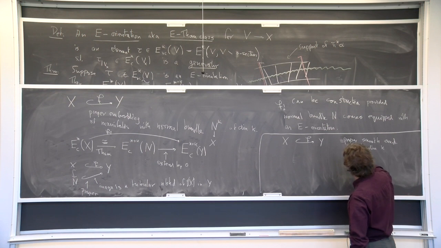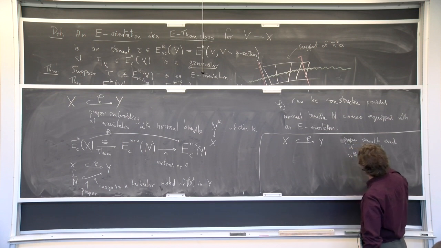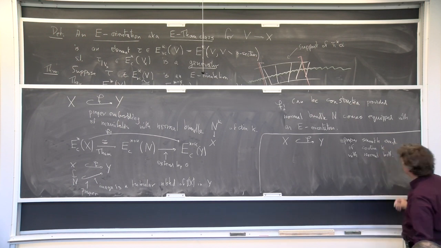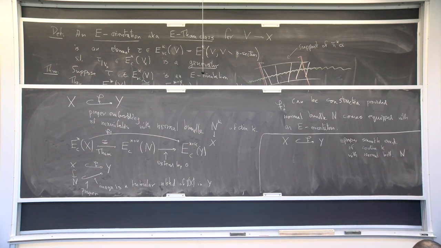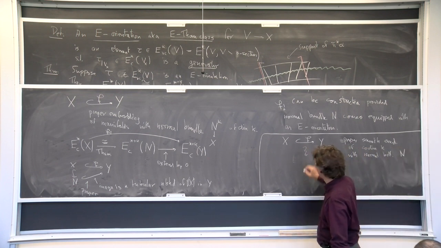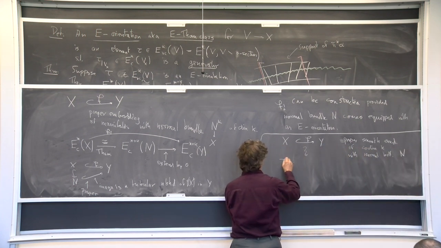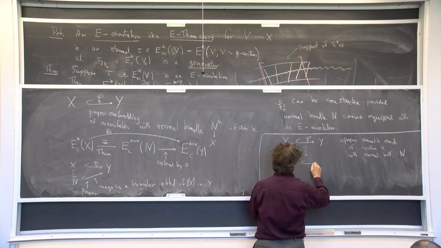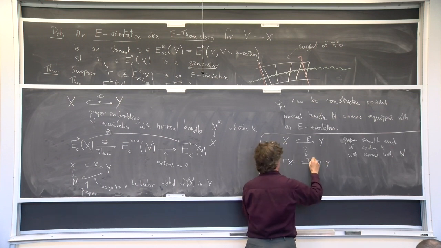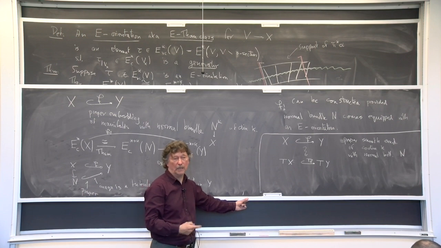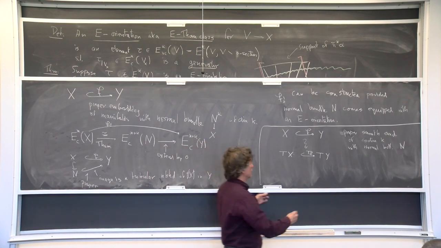Its normal bundle is N. I don't want to apply it to this one, though. I want to rather go to the tangent space. And the differential of the original map induces a map in here, which again is going to be a smooth, proper embedding.